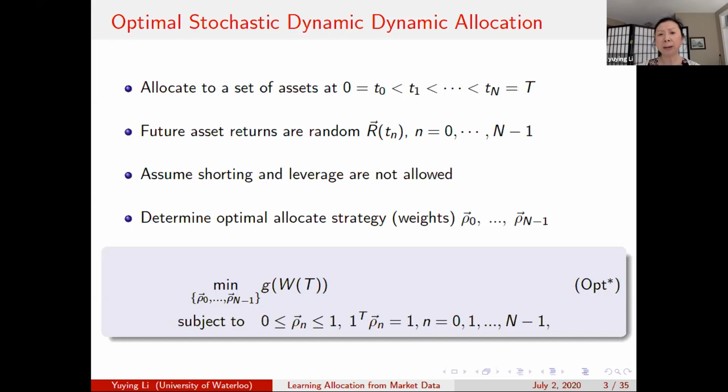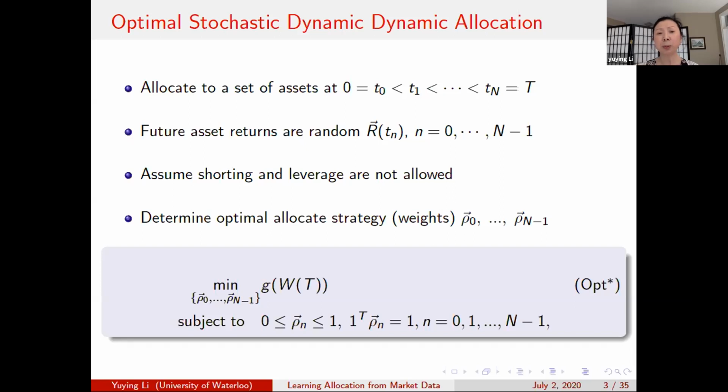So we have a vector of M assets, and the return per each period is a random vector R_n. In my presentation, I will also focus on the situation where we have some constraints on the control.